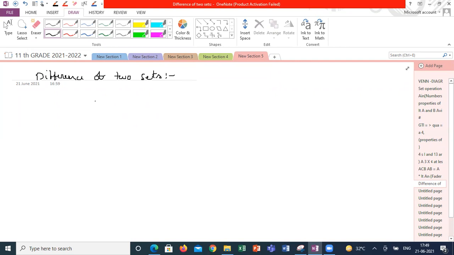So I will explain the definition of A minus B. We won't call it A minus B, we call it A difference B. The symbol for the difference is the subtraction symbol.